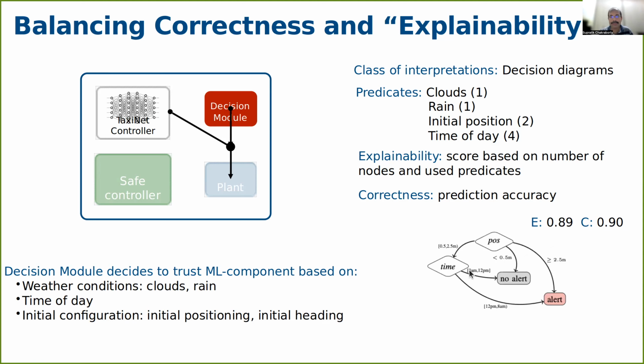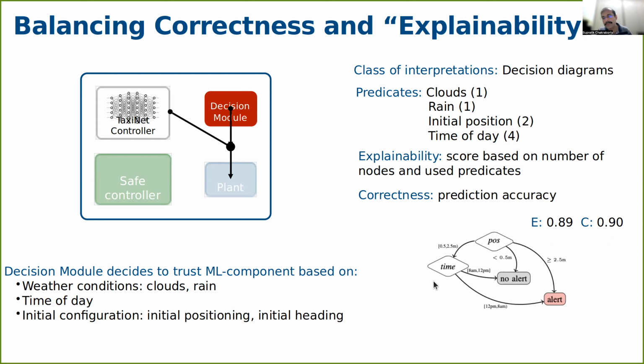And I could also come up with another decision diagram for this, which is slightly more complicated. What I've gained by that is that my accuracy has increased significantly from 61% to 90%. But of course, this is slightly less understandable compared to the previous one. This first decides based on the position, whether it is between 0.5 to 2.5, or less than 0.5, or greater than 2.5.